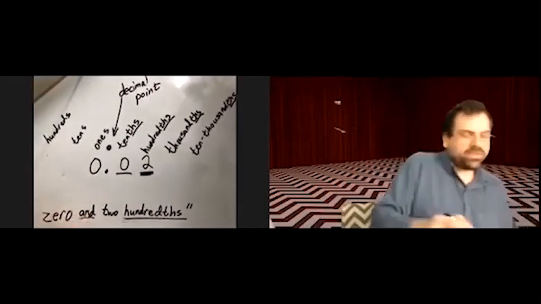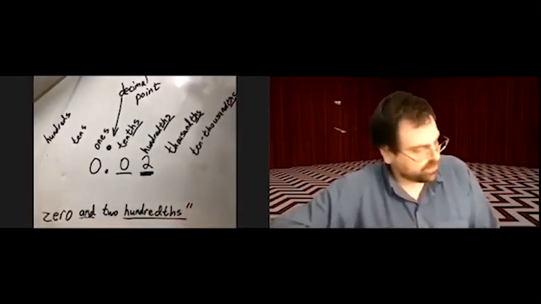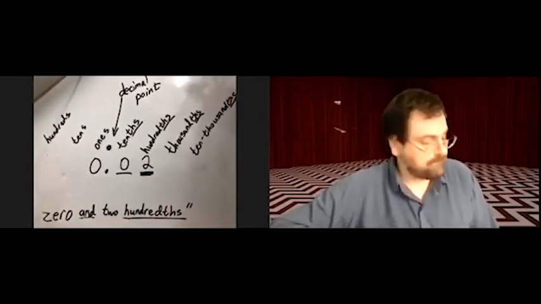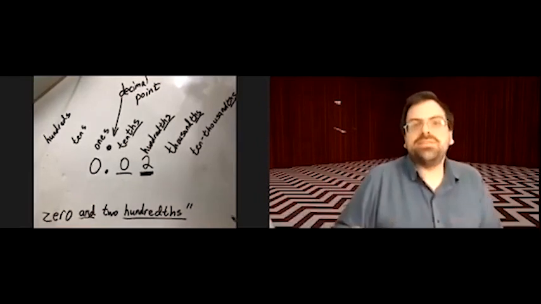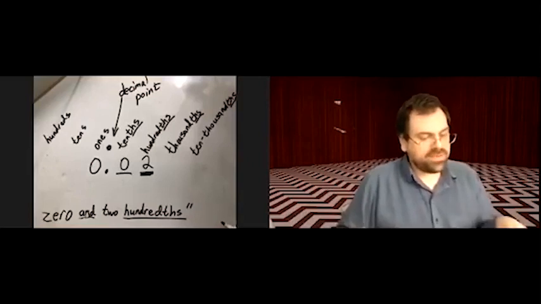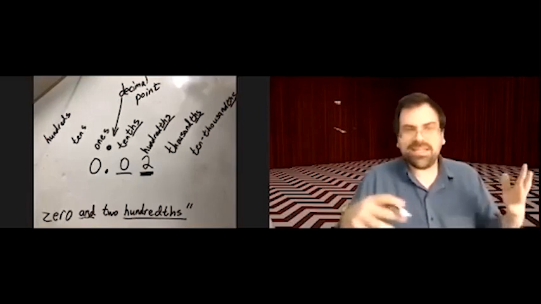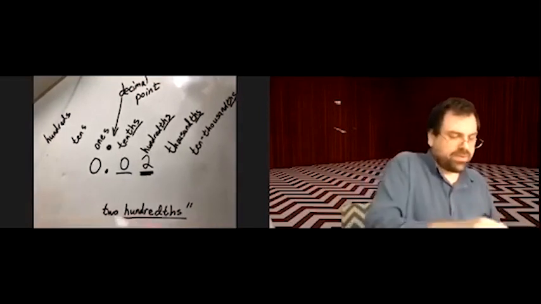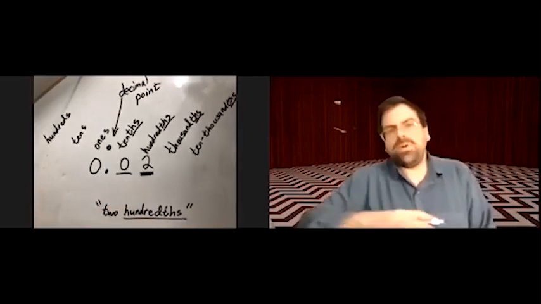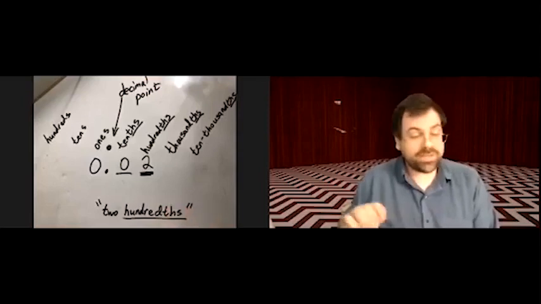If we wrote 0 and 2 hundredths for 0.02, well, that would be the same as just 2 hundredths. Because 0 and 2 hundredths is like 0 plus 2 hundredths, and anything plus 0 is itself. So we wouldn't say 0 and 2 hundredths. We would just say 2 hundredths.